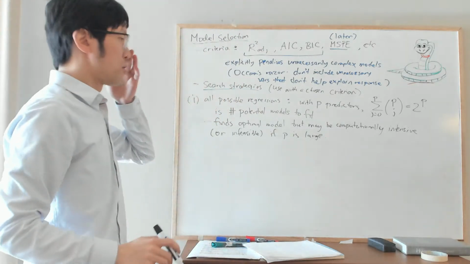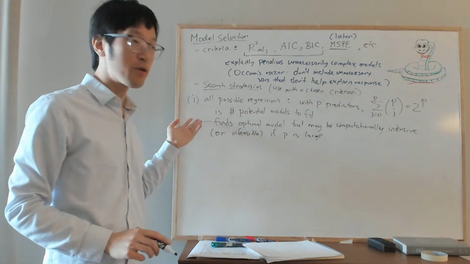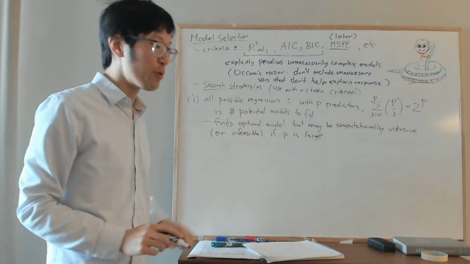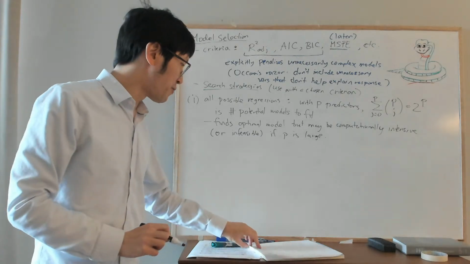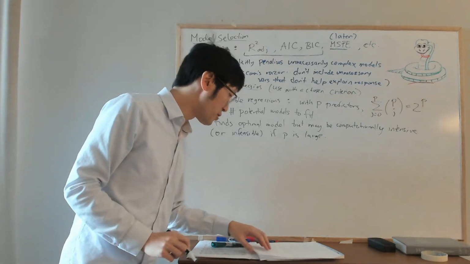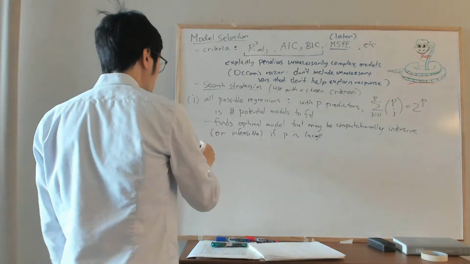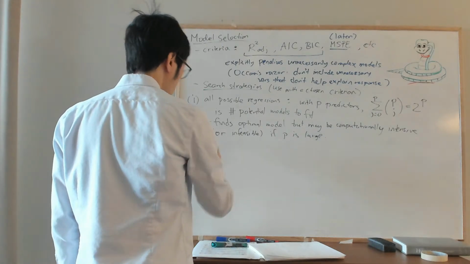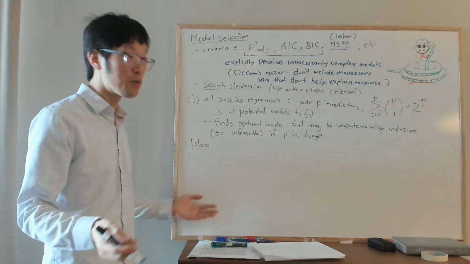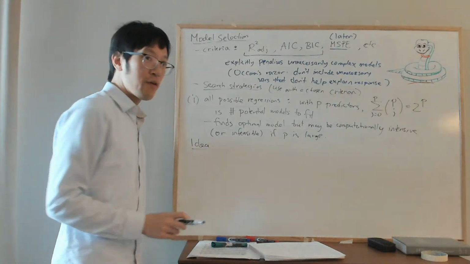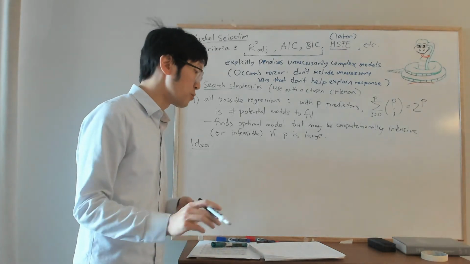Because of this, this exhaustive search is not always practically possible. So there have been a whole lot of proposed ways of doing the best we can with a finite computational budget. Among all the following approaches that I'll describe, the key idea is that we want to find a useful or even a good model, with the caveat that it might not necessarily be the optimal one, but still useful.